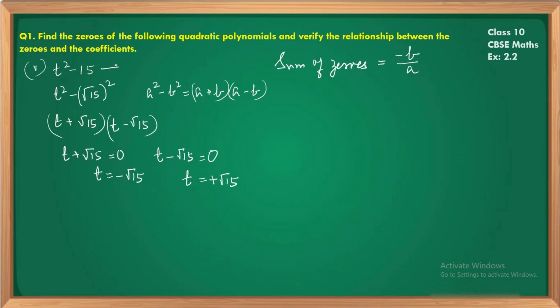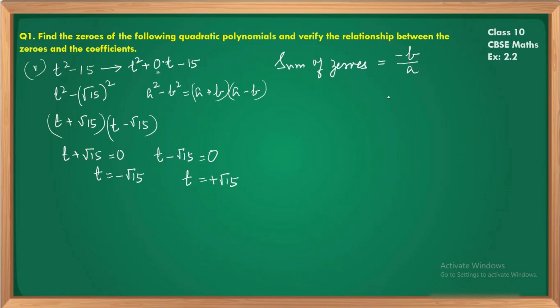The same question can be written as t square plus 0 into t, then put minus 15. By introducing 0 into t, it becomes 0, thus the equation value doesn't alter. Now we got b, which is the coefficient of t, which is 0.